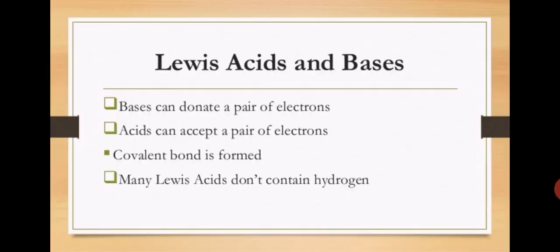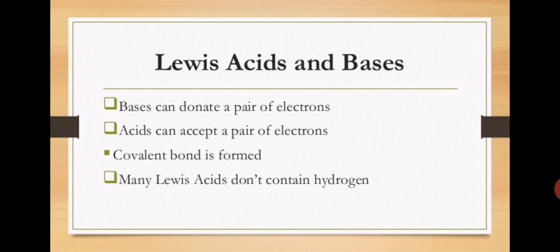Now moving to the next theory, that is Lewis acids and bases. According to Lewis, an acid is a substance which can accept a pair of electrons and a base is a substance which can donate a pair of electrons.